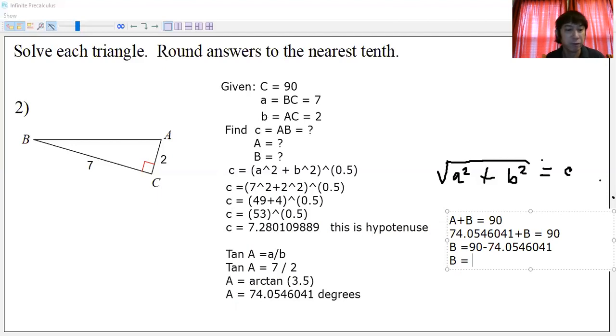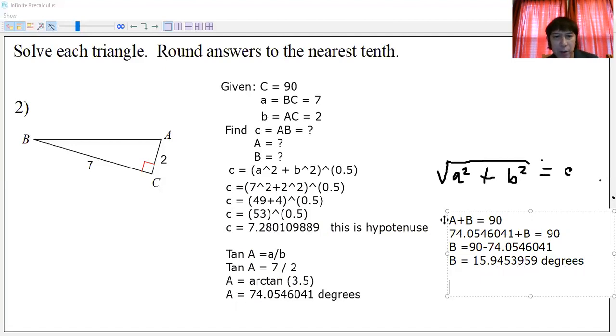It's 15.9453959. This is also in degrees. So we have all the required answers now. We can summarize it below.